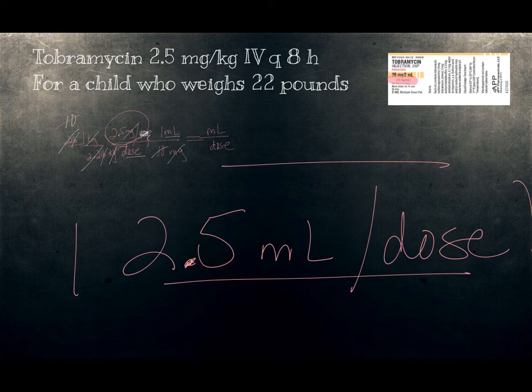I'm okay with that, but you better be at the mall at 8 o'clock. That's sort of where I'm headed with this. If you saw a way to do this that made sense to you and you still ended up with 2.5 mLs per dose, good on you. Keep doing that. If you ended up with any other number, whatever method you used, you need to rework that problem, okay? Because that's how you kill people.